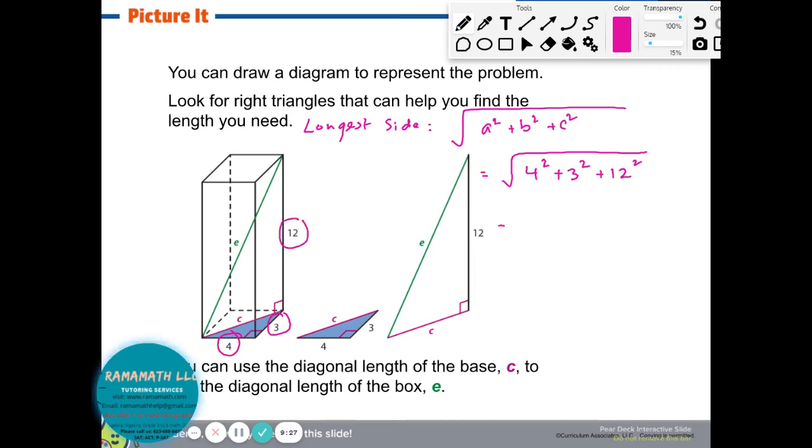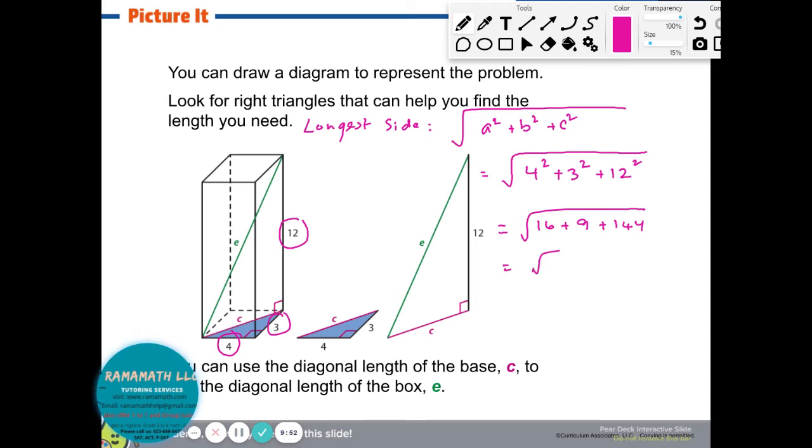So if I use that here, that's going to be 16 plus 9 plus 144. So let's go ahead and add these numbers. 16 plus 9 is 25, plus 144, that's 169.